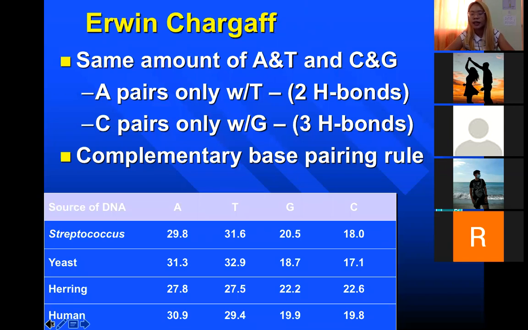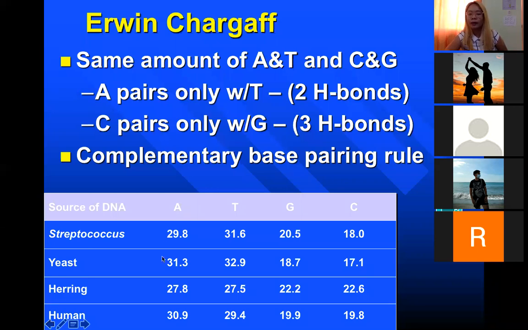So ang naging idea niya is since sila yung magkalapit ng amount, ibig sabihin, sabi niya, most likely sila yung laging magka-partner. Kaya kapag merong adenine dito, automatic sa kabila, thymine. Pag may thymine dito, automatic sa kabila, adenine. Kaya sila yung magkakalapit ng values or percentage in a DNA.